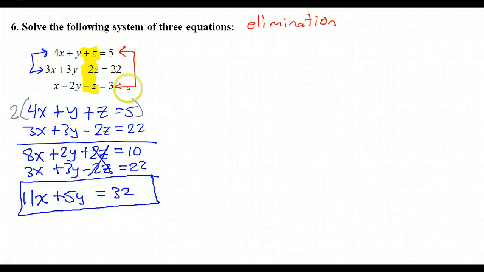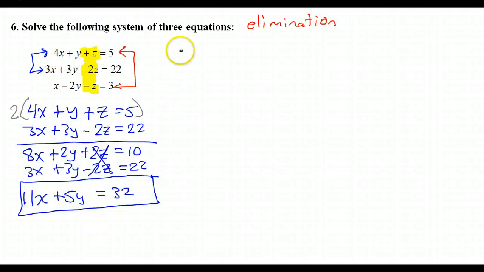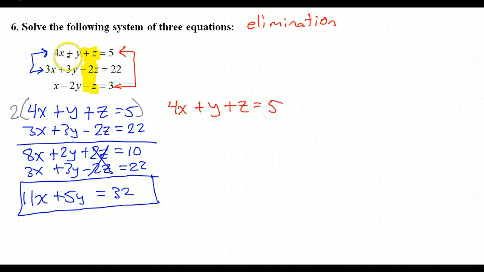So let's get another two-variable equation by combining the first and last equations. Again, let me recopy. I have 4x plus y plus z is equal to 5. That's the top equation.